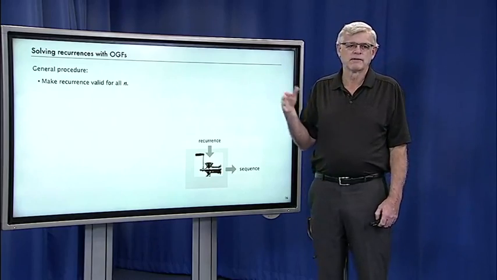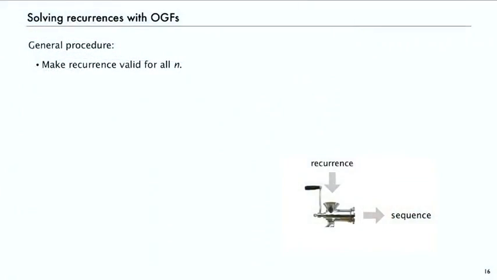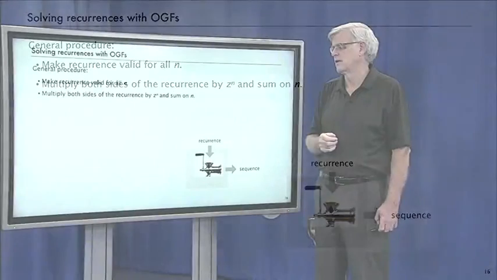So first thing is we're going to make the recurrence valid for all values of n, and it's easy to do that, and I'll show you in the examples. Then multiply both sides of the recurrence by z to the n and sum on n. So it's an equation that's valid for all n, so that we can do that. And usually we make it just for non-negative n.